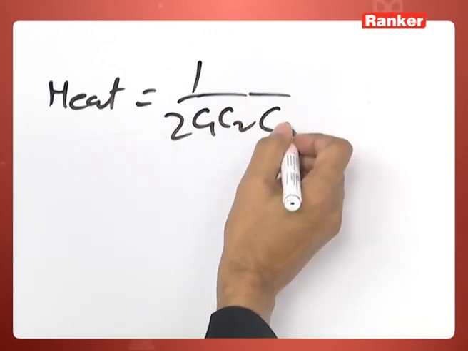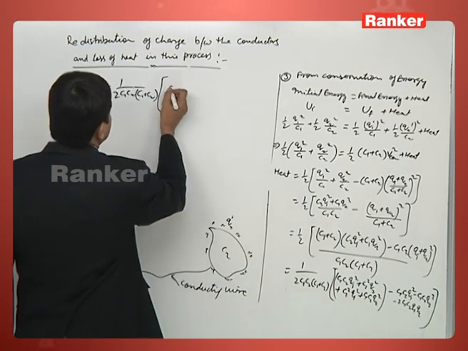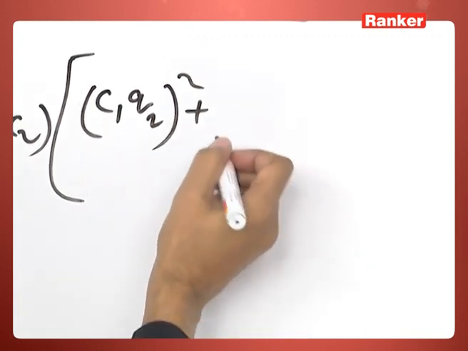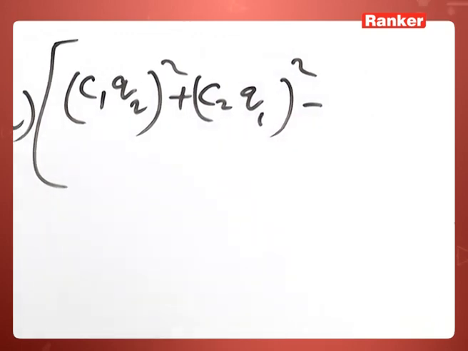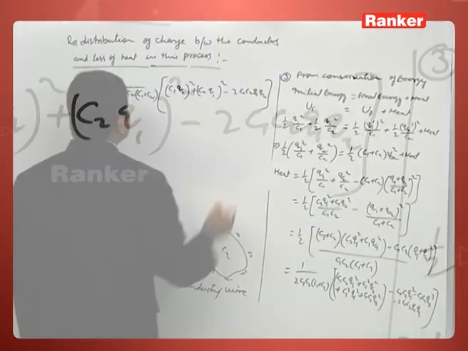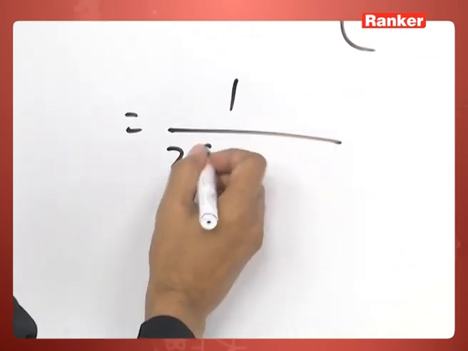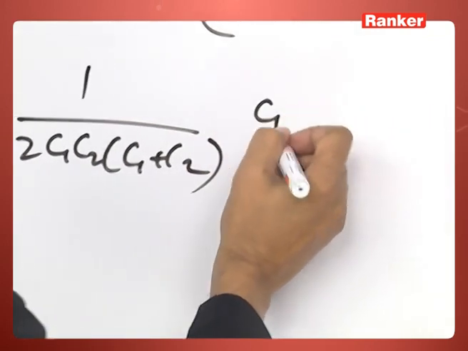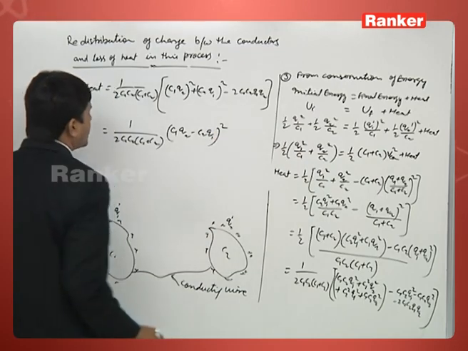C1 C2 C1 plus C2, then C1 Q2 plus C2 Q1 minus 2 C1 C2 Q1 Q2. So this is 1 by 2 C1 C2 C1 plus C2, and this term will be written as C1 Q2 minus C2 Q1 whole square.